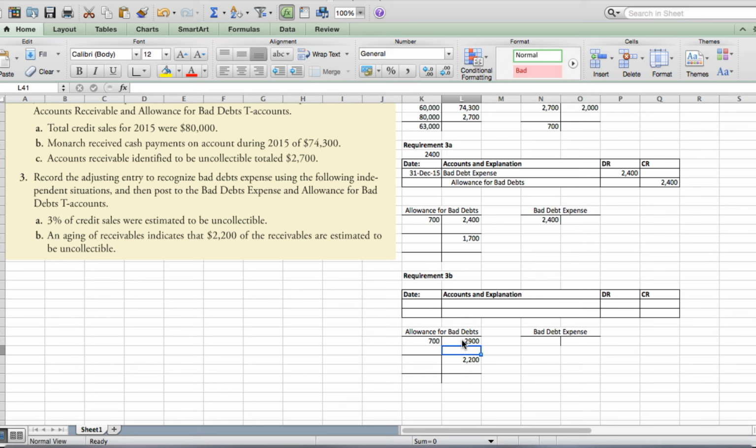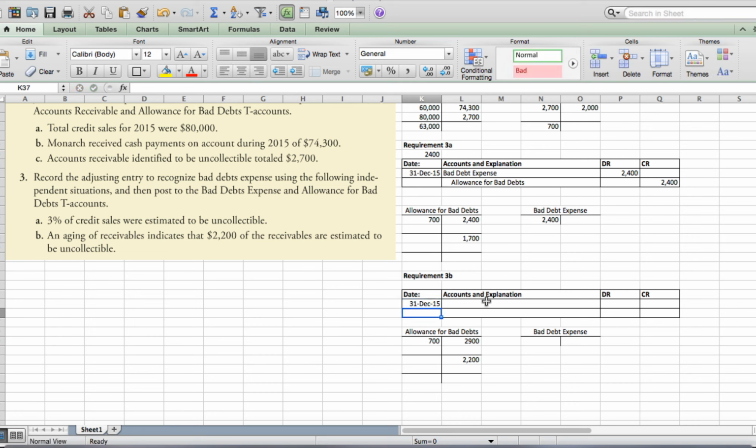Okay? So remember, for aging of receivables and percent of receivables, the equation that you use to calculate the estimate gives you what the total in the account should be. And then you need to figure out what you need to do in the journal entry to get there. Okay? So again, for the journal entry, the template looks exactly the same as it did up here.